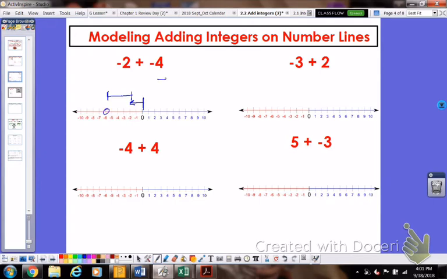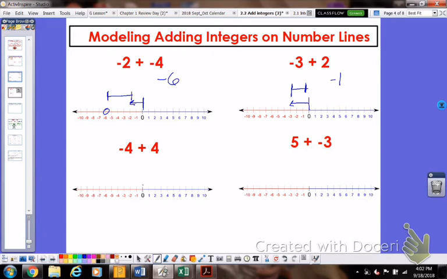Negative 6. So our answer would be negative 6. For this next one, again start at 0, negative 3. So we're going to start here and go 1, 2, 3 to the left. Then from here, plus 2. Well, 2 would be positive, so we're going to go to the right 2. We land there. Where's our answer? Negative 1.